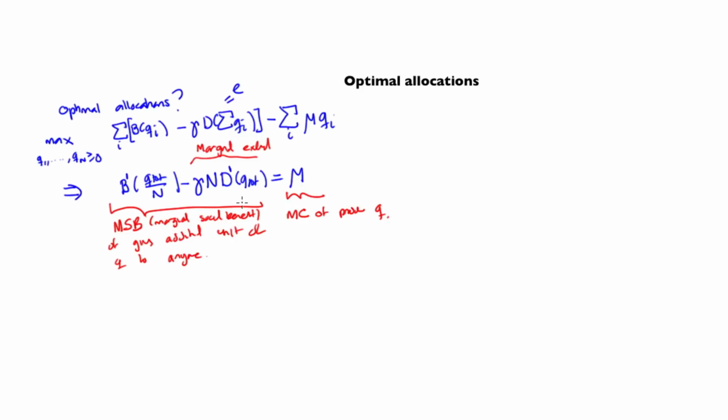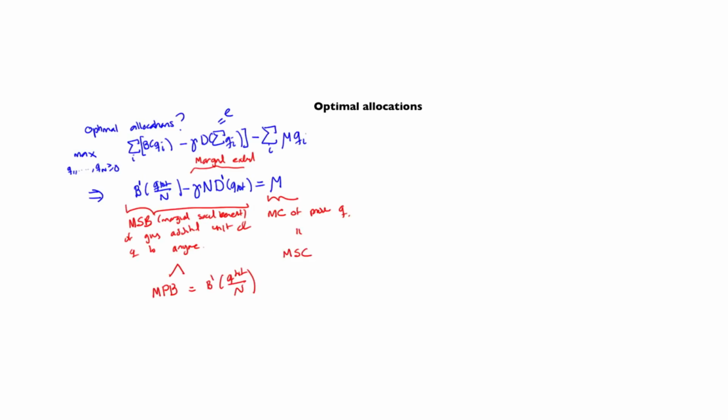And therefore, the marginal social benefit in this case is less than the marginal private benefit, which is just equal to B'(Q total divided by N). Notice that in this simple example, the marginal social cost is equal to this marginal cost of production. There is no externality on the production side, therefore the two things are the same. In this simple case, the optimal allocation has a very nice graphical representation.